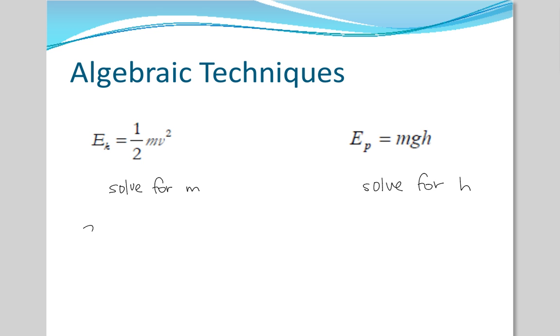Times it by 2, so on the left you'd have 2E_K. And then how do you get rid of that v squared? Divide it out. And then you'd isolate for m. Solving for h, what would you have to divide out? mg, good. So you'd have E_P over mg.